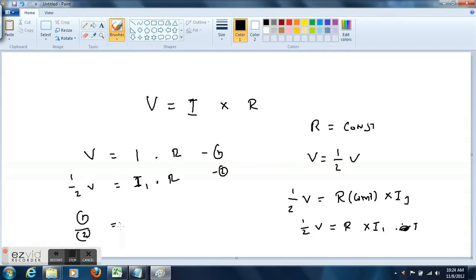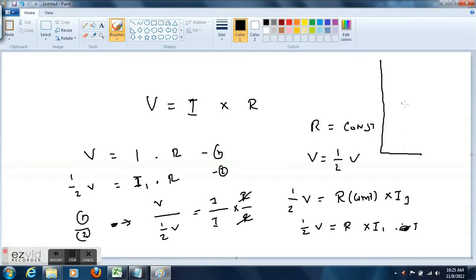So divide 1 by 2, then you get V by 1 by 2 V equal to I upon I1, into R upon R. R and R will cancel out. On the left hand side, V and V will cancel out. So in the left hand side denominator it will be only 1 by 2, which will become 2.